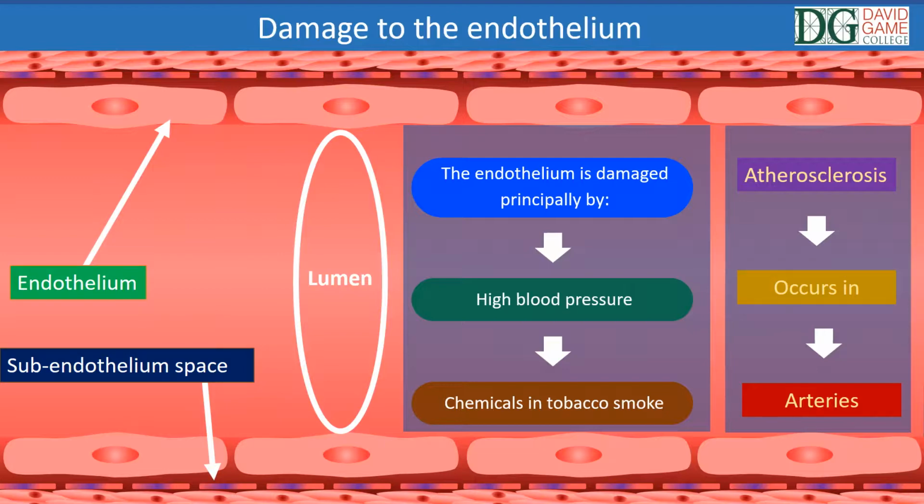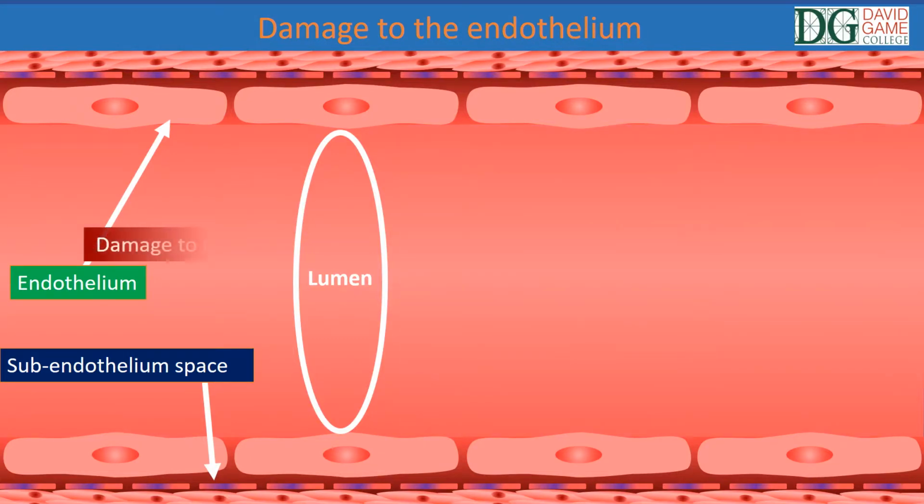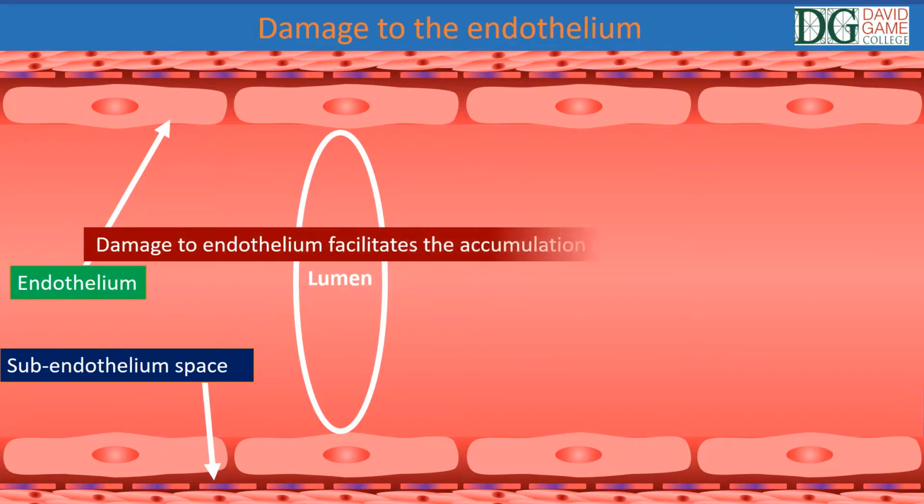As we will see shortly, when the level of LDL cholesterol is high, it accumulates in the artery walls, leading to atherosclerosis development. However, the damage to the endothelium facilitates the accumulation.